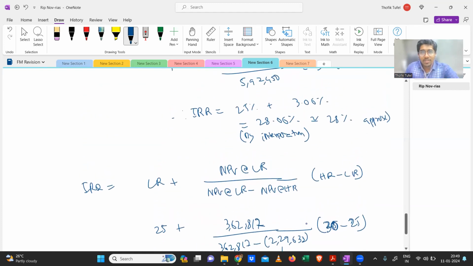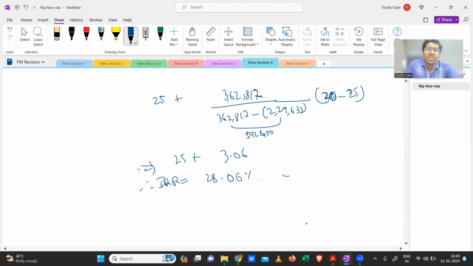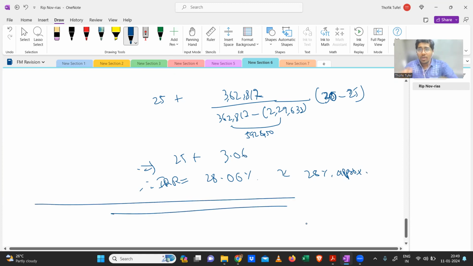The amount that I will get is 3.06. Therefore, IRR is equal to 28.06% or 28% approx. This is how we have to present the answer.